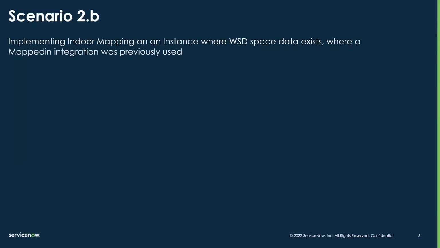And scenario 2B is a minor deviation of scenario 2. 2B is where you have the WSD implementation and you are using the MappedIn solution for displaying your indoor maps, and now you want to move over to the indoor map solution. So yeah, Alex, I'll let you take it over once again.